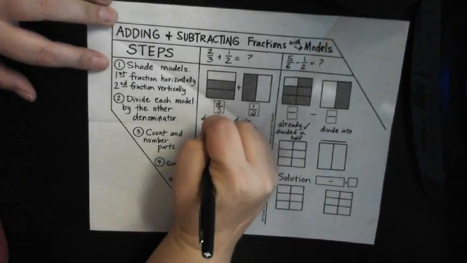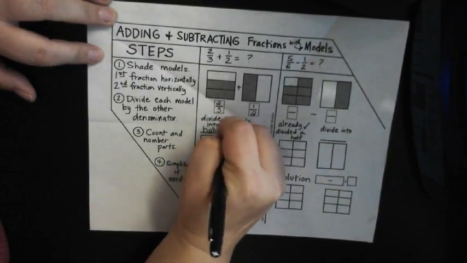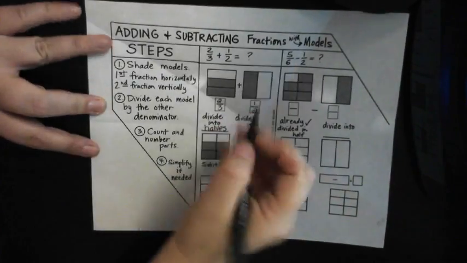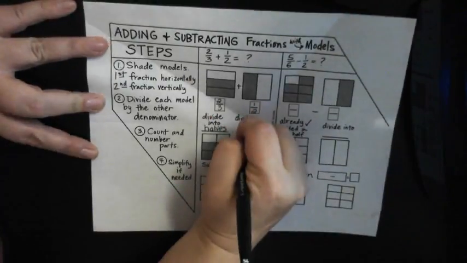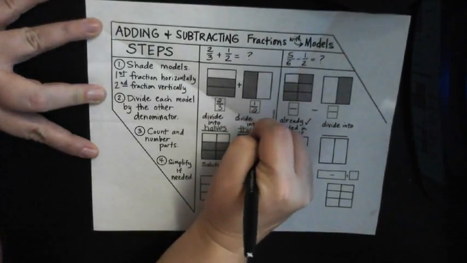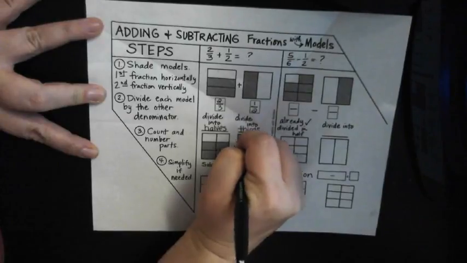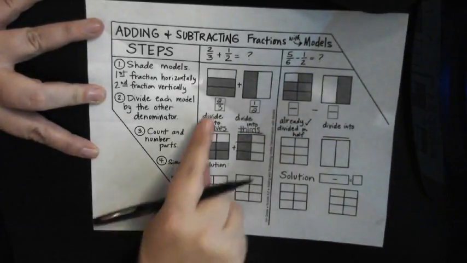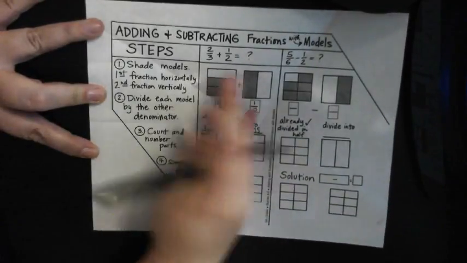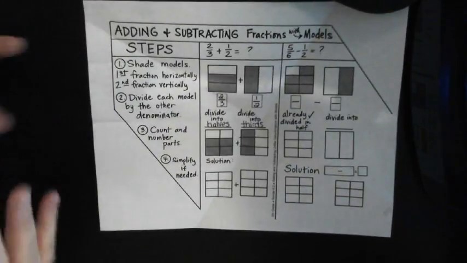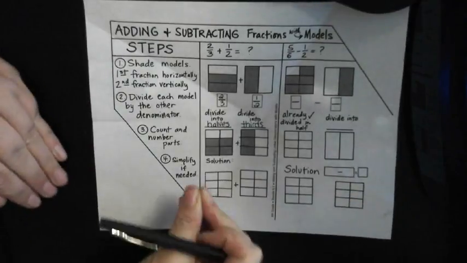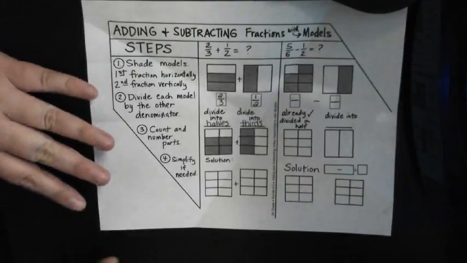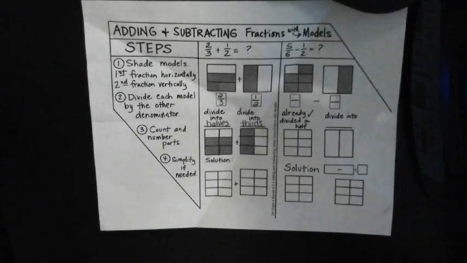Now, on the second one, I've got that half. I need to also break it into thirds because they need to look exactly the same. So I brought this one over and I brought this one over here. Now I've got 2 shapes that have 6 parts in them. So my common denominator is 6.